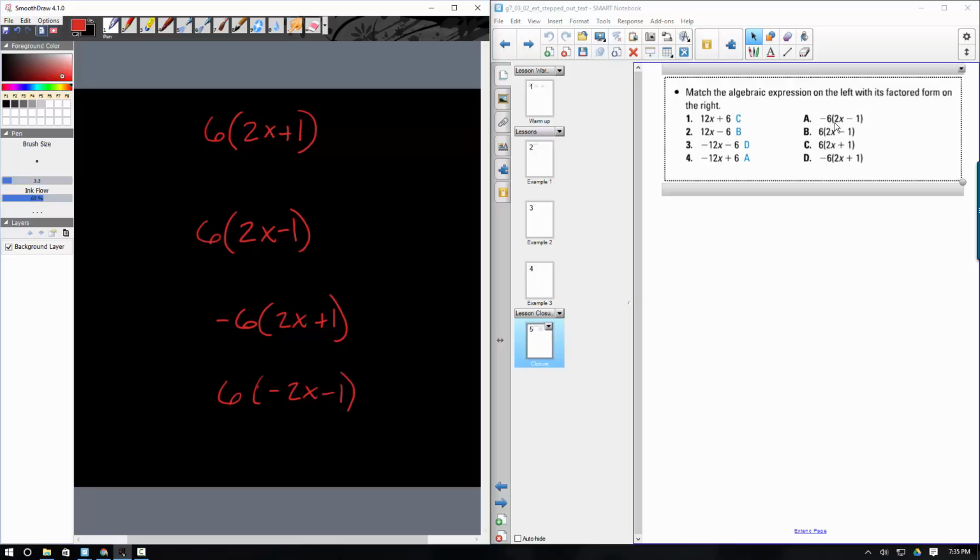So this one here, I want to have a positive one, right? None of these work. But if I make this a negative sign here, and I make this here a positive, and this becomes a negative, this would in fact work, wouldn't it? Because that would become negative 12x plus 6, which is what this is here. And that's basically what we're doing in this little extension activity.